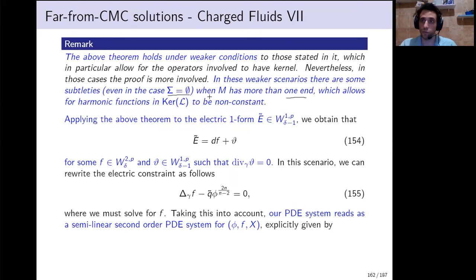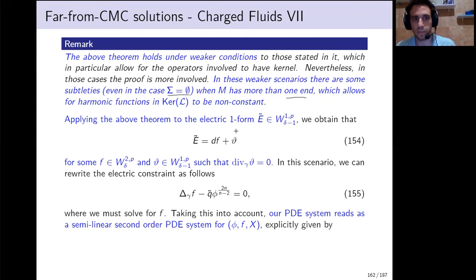For instance, if we had two ends, then we could prescribe two different positive constants at infinity, one in each end, and the resulting harmonic function that tends to these two different constants will not be constant. And therefore, we see that certain subtleties are going to arise in those cases. All this can be found in our paper, but for us, this is enough.